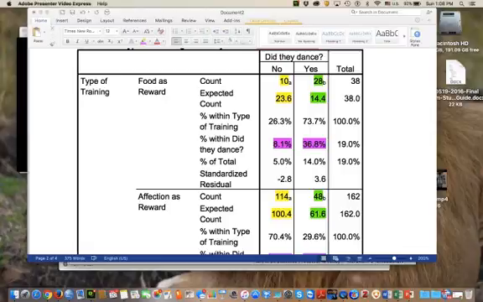That's the odds over odds: dancing after food over dancing after affection equals 2.8 over the number we just arrived at, 0.421, or the odds are 6.65 to 1. So the outcome of determining the odds is 6.68, or almost 7 to 1.